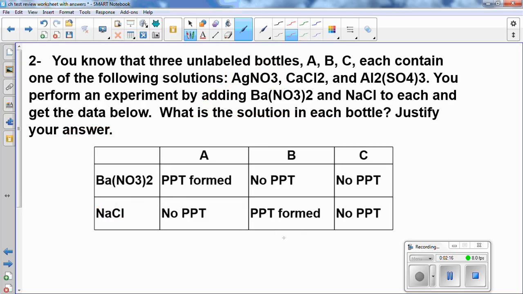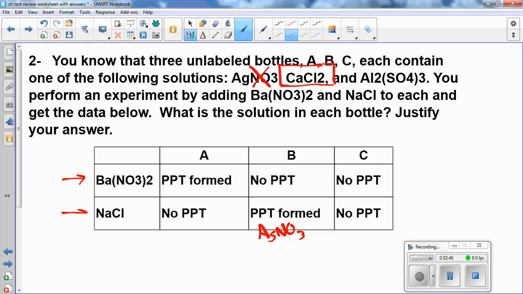Let me get rid of most of this. I'll just write AgNO3 again here. All right, so that one's taken care of. If we look here, we have calcium chloride, and calcium is an exception when it is added to SO4, but we are not mixing these two things together. We're mixing calcium chloride with these things.